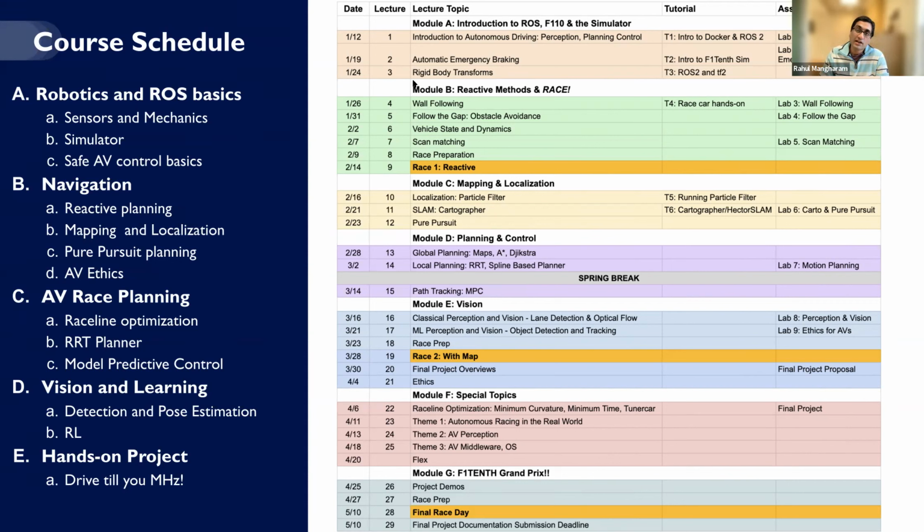So we will start with the basics of Docker and ROS, and you basically get introduced to ROS2. And then your first assignment is on just understanding ROS2. ROS2 is quite involved, and some of you may be exposed to ROS1, and then you'll say, okay, and you can pick up ROS2 pretty quick. And so this semester we've made the shift to ROS2, and so it is new for us too, right?